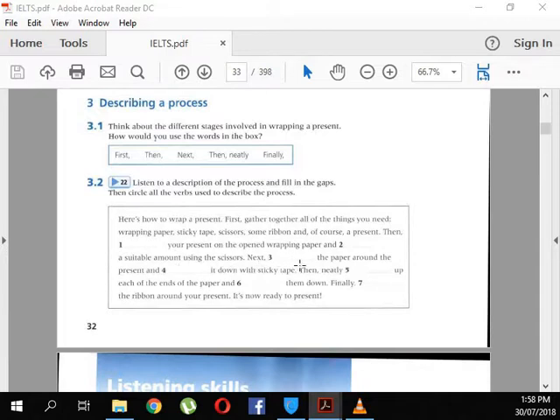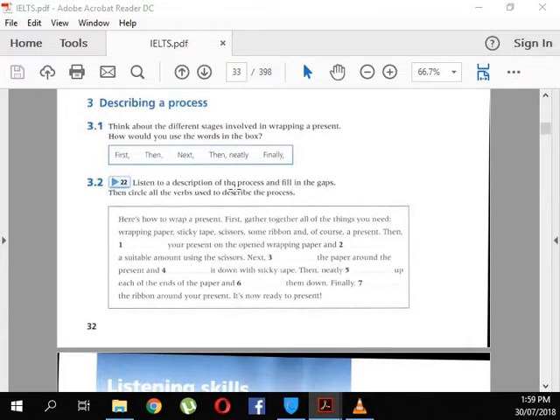Next, wrap the paper around the present and stick it down with sticky tape. Then neatly fold up each of the ends of the paper and stick them down. Finally, tie the ribbon around your present. It's now ready to present.